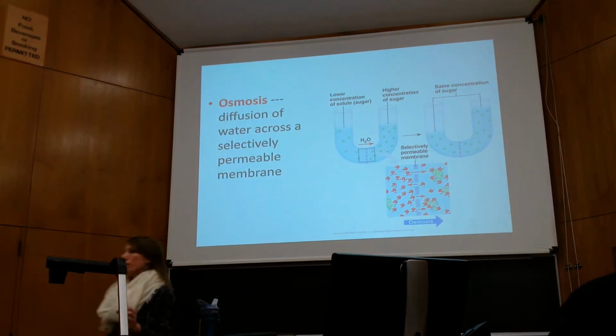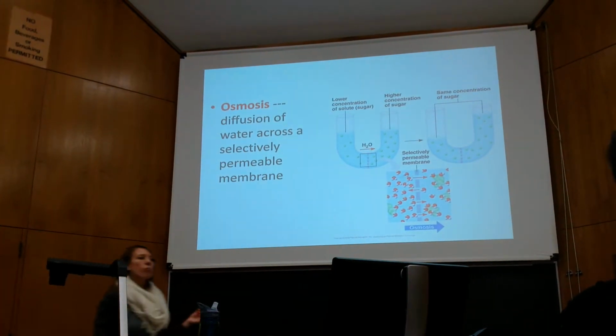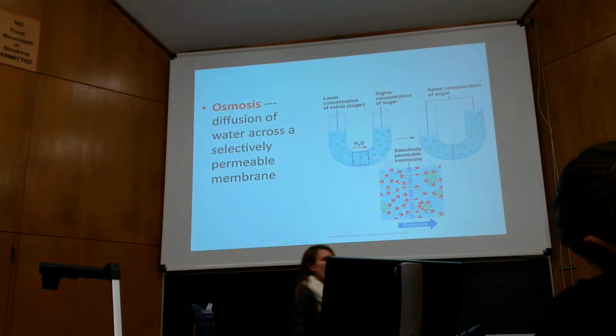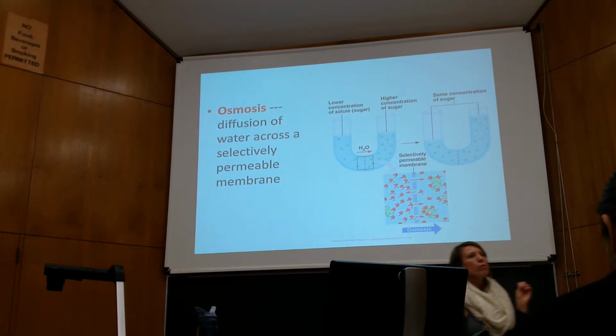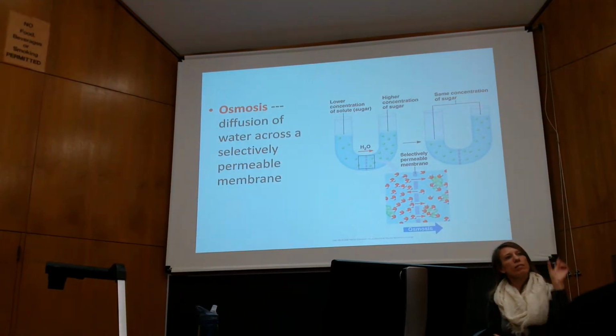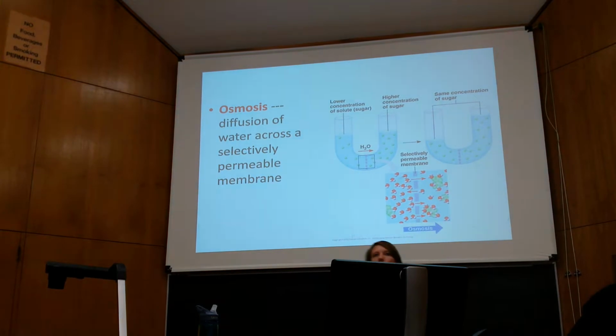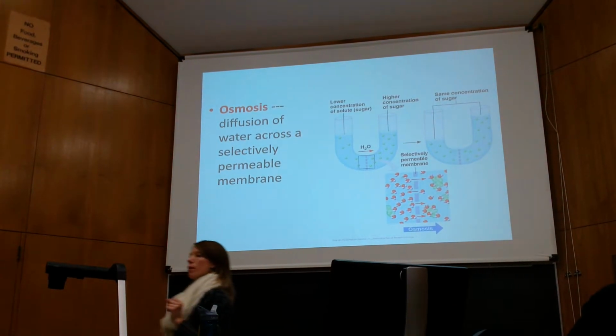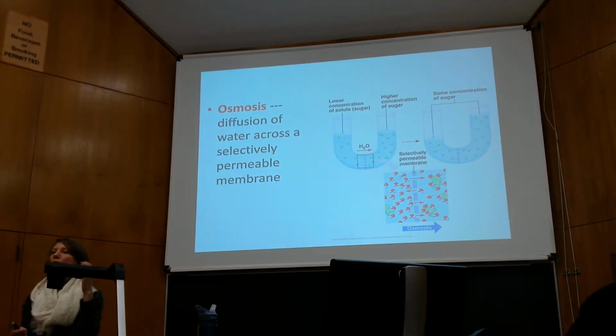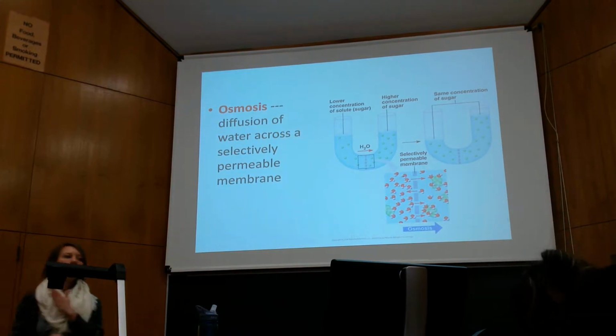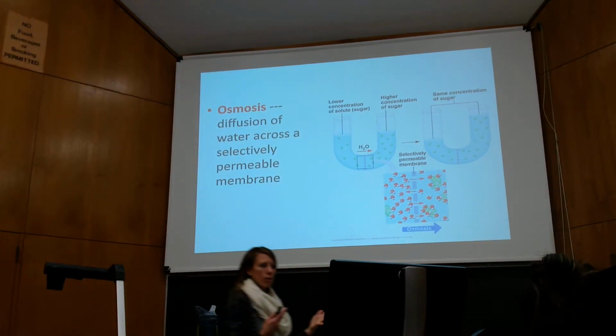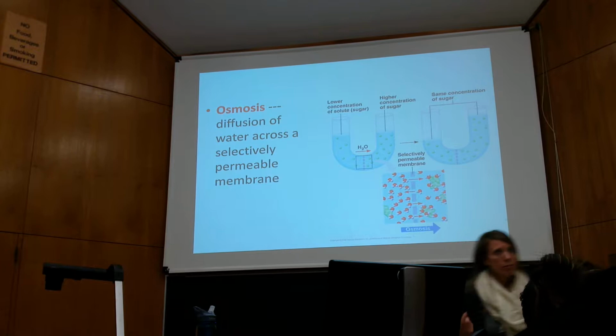So osmosis is like diffusion, but we're talking about water molecules specifically moving across a selectively permeable membrane, meaning that the membrane will only allow water across, but not the other ion or molecule, the solute, if you will.